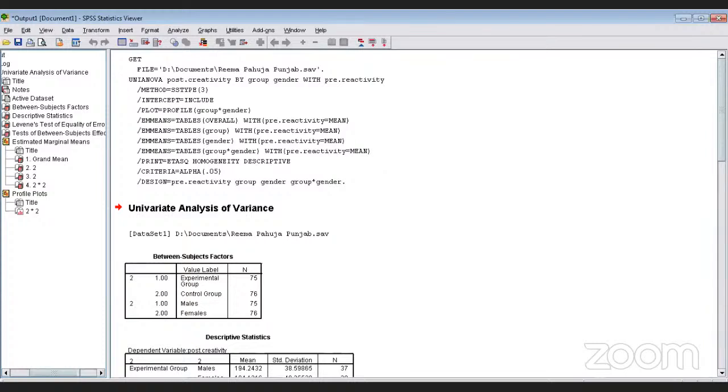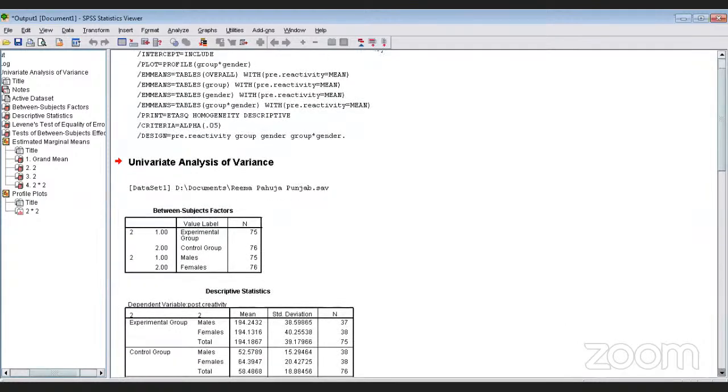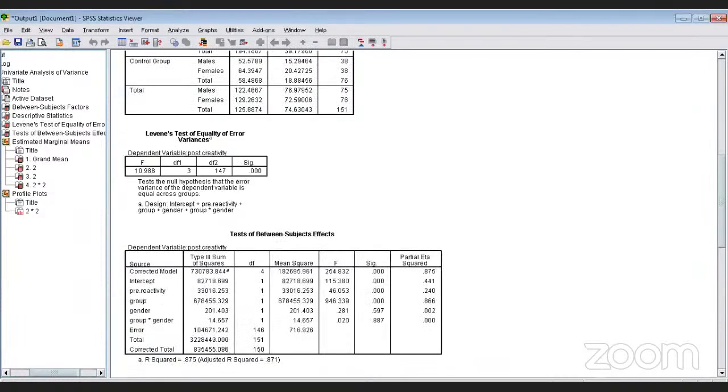So in the experimental group, there were 75 people. In the control group, there were 76 people. And males were 75 and females were 76. And now this is post-creativity.